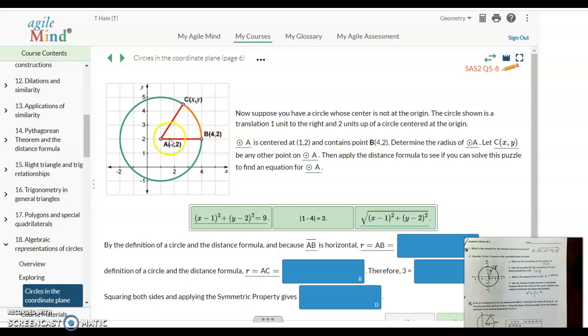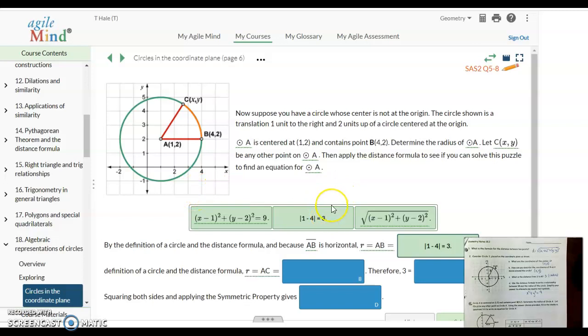We can see that with this horizontal distance here between the center and this point on the circle. So by the definition of a circle and the distance formula, and because segment AB is horizontal, that's how we know what the radius is. It's the distance from point A to B, which is only 3 units. So that's what you should have had in that first blank.